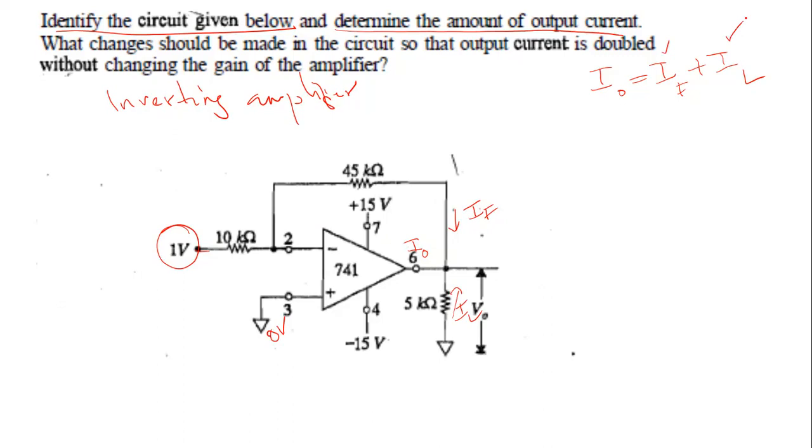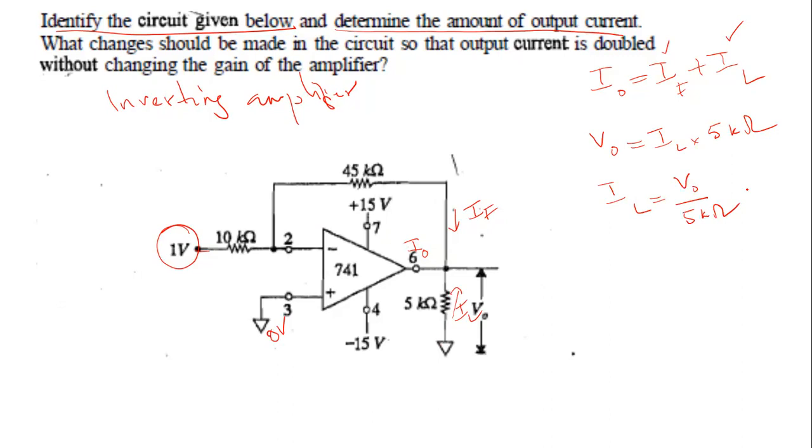Okay. So in order to obtain IL, what is IL? IL is the current across this load resistance. So V naught is equal to IL into the load resistance 5 kilo ohm. So IL is equal to V naught upon 5 kilo ohm. So you need to have your V naught first.